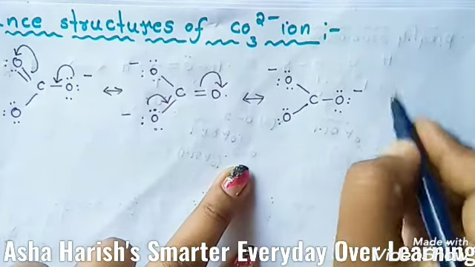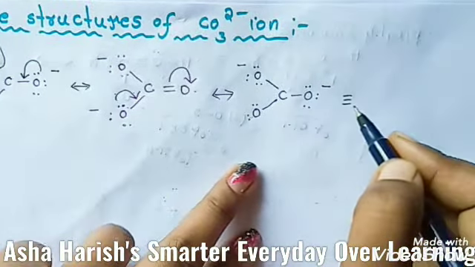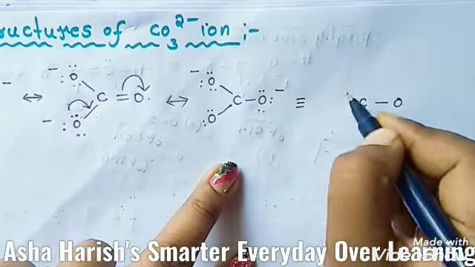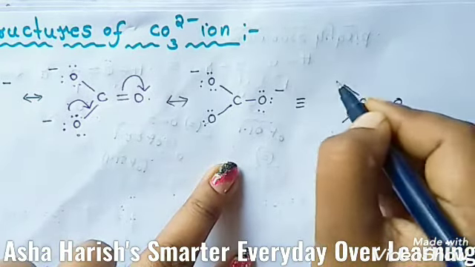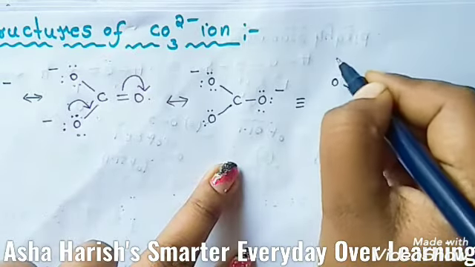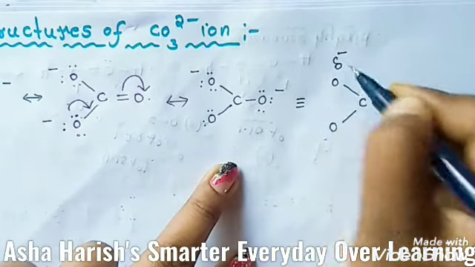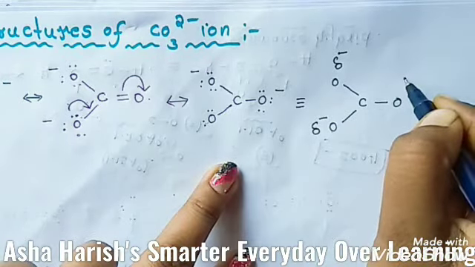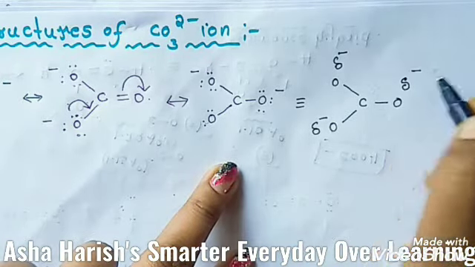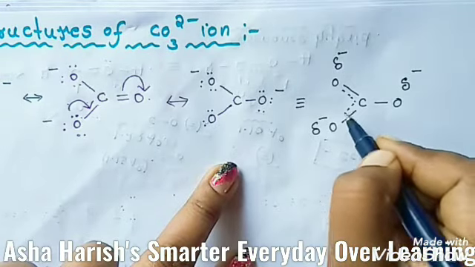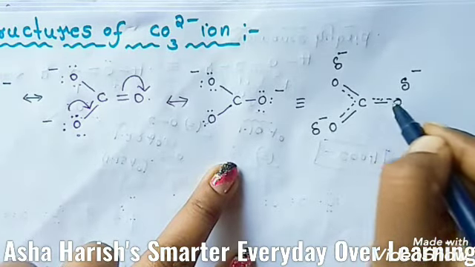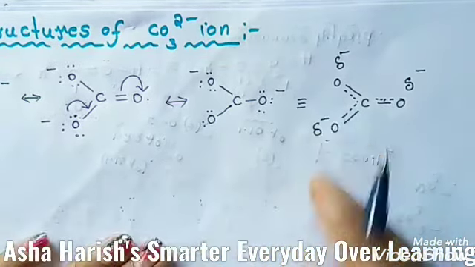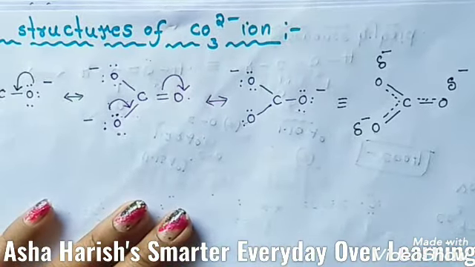This is also represented like this: one carbon, oxygen, here single bond, oxygen, with the symbol delta minus, and here also delta minus. Students, here you need not represent the lone pairs of electrons again. So these are the resonance structures of CO3 2 minus.